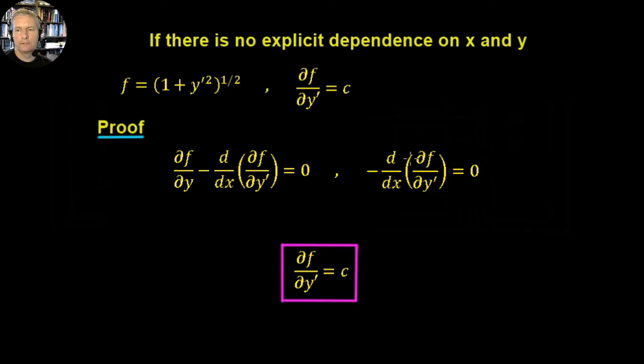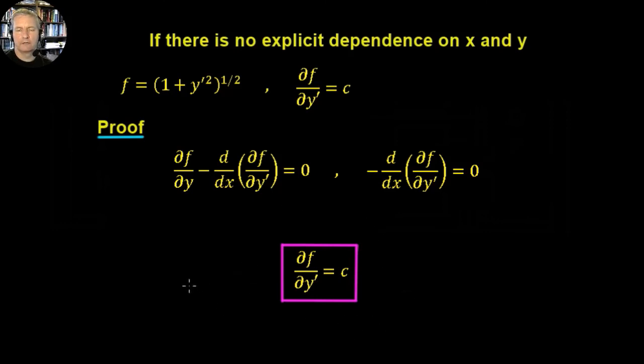The only way we can get a value of 0 is if what's inside the bracket is equal to a constant, because when you differentiate a constant you get 0. You differentiate 5, you get 0. So whatever's in this bracket must equal a constant. So we can simply say partial f by partial y derivative equals a constant. So that's our second little simplification.